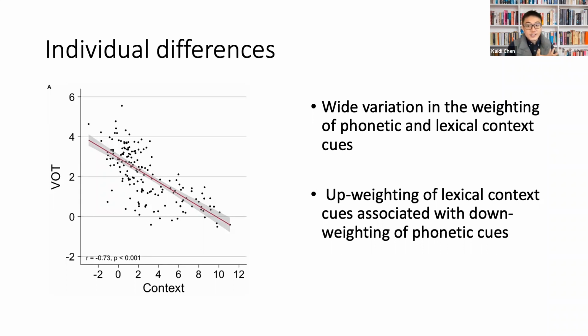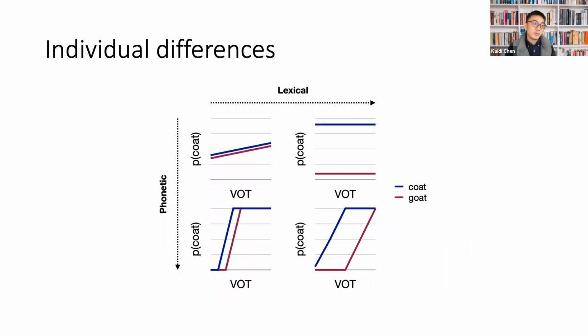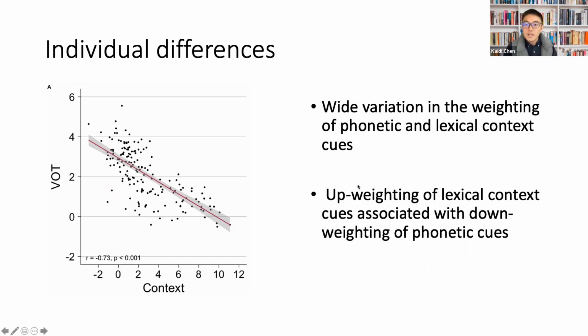What is striking here is we don't see people clustering in the 4 quadrants. So in principle, as you may remember, they could, right? They could be in all the 4 quadrants. But of course, they don't have to.